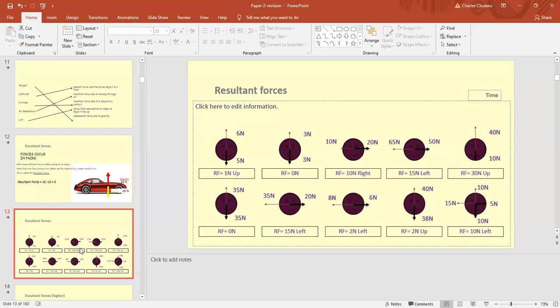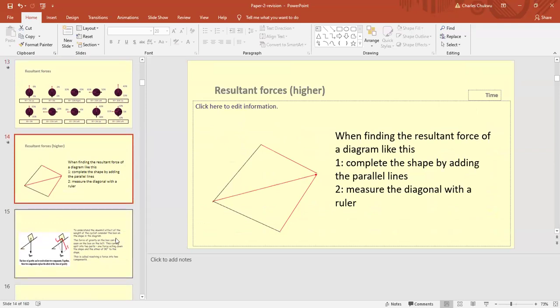This is just a diagram showing you how resultant forces usually happen when they are in line. So it's not too different from what we did with displacement back there.